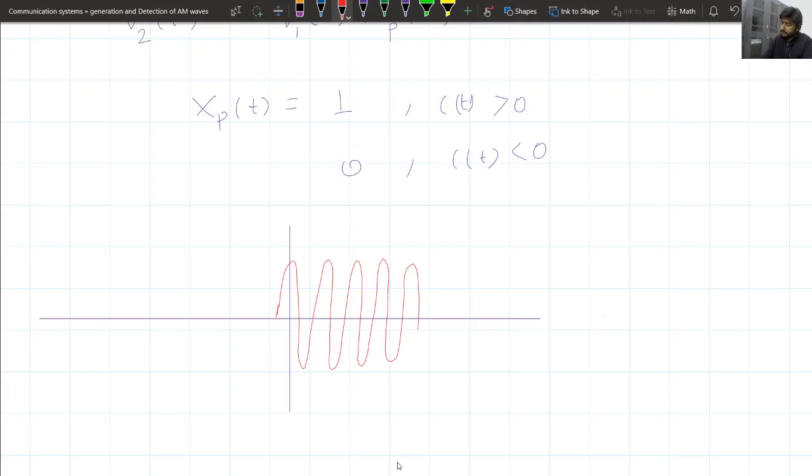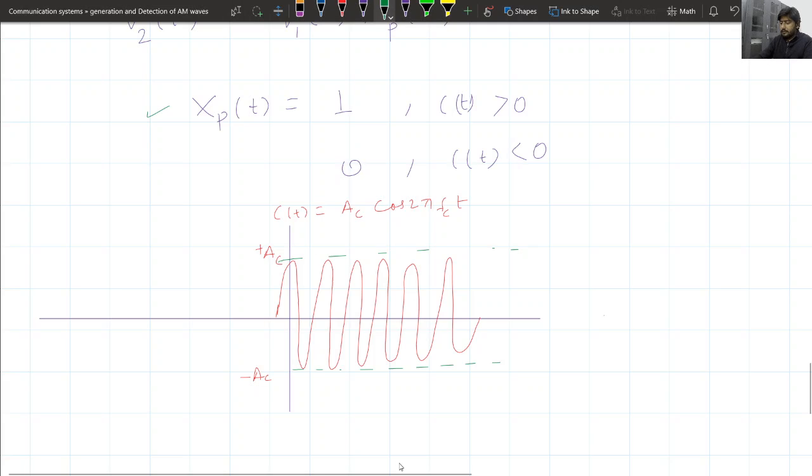We are drawing a rough sketch of ct. Then the signal xpt will have a value 1 when ct is greater than 0 and 0 when ct is less than 0.